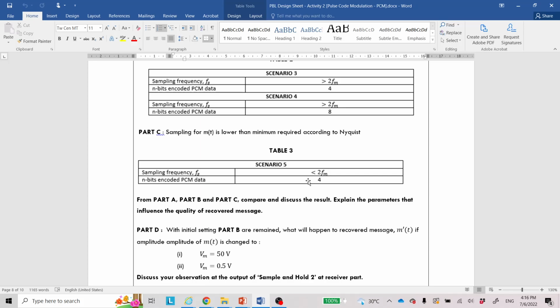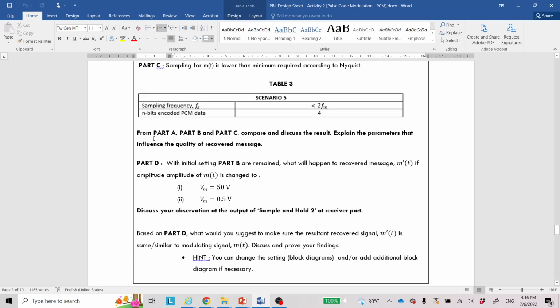And then from part A, part B, part C, compare and discuss the results. Explain the parameters that influence the quality of the recovered message. So you need to compare part A, B, and C. What have you learned from this part A, B, and C?